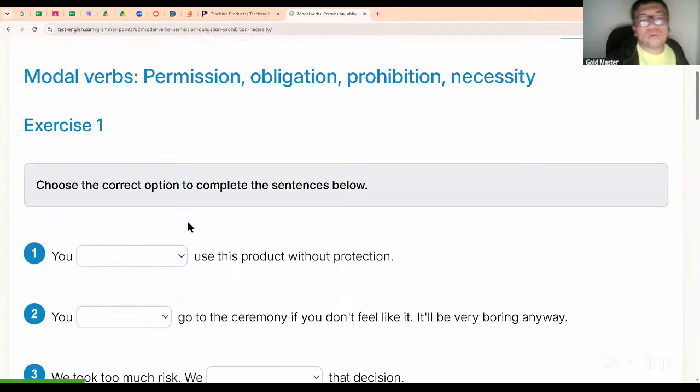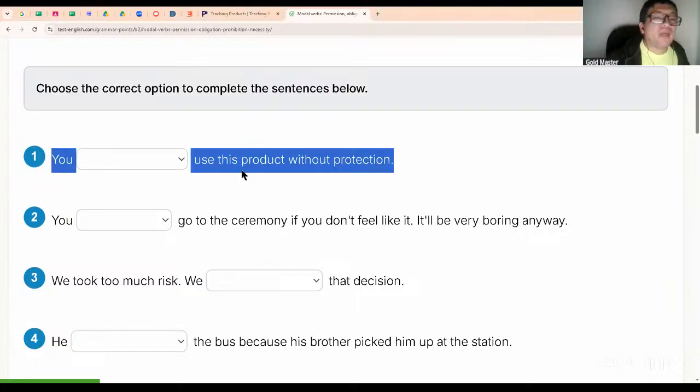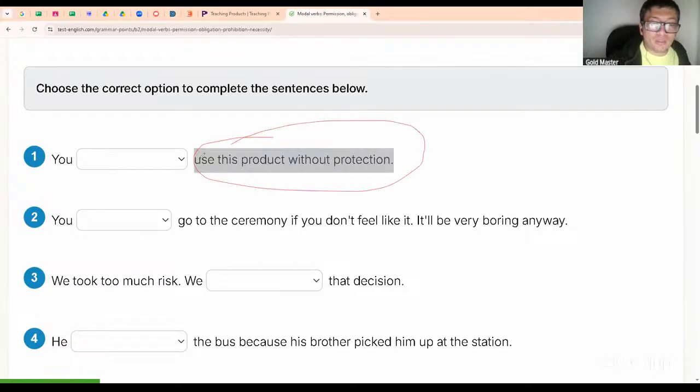Digamos que en una canción, pongan atención acá, ¿ya? Digamos que dice, use the spray without protection, ¿vale? Entonces, ya tienen el contexto acá en la canción. Entienden esta parte, pero digamos esta no han entendido, ¿vale?